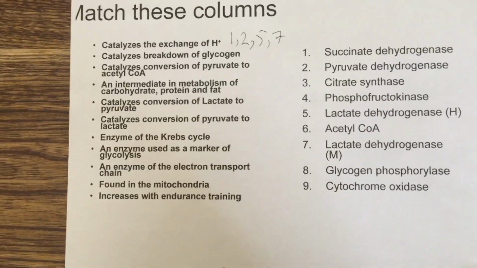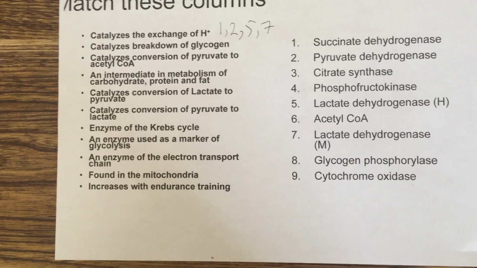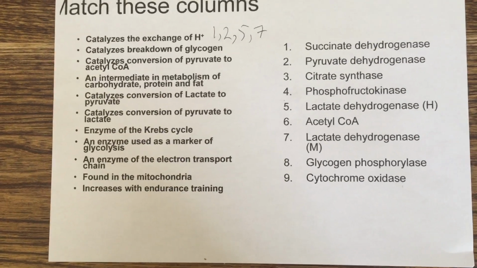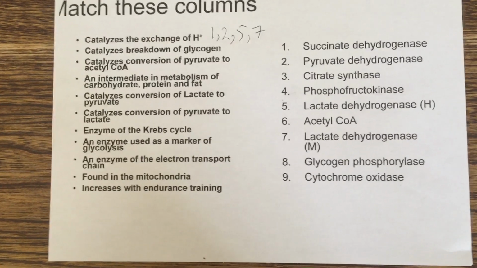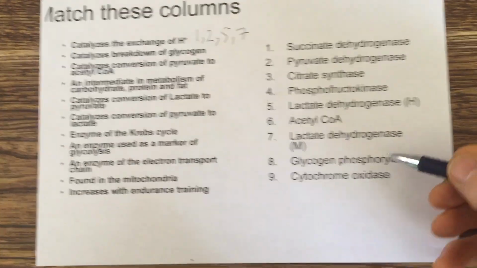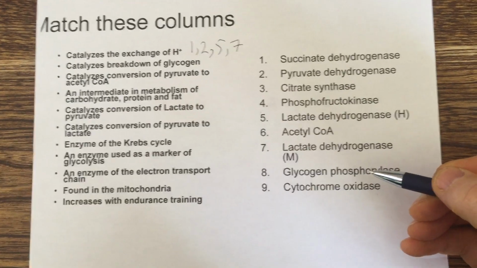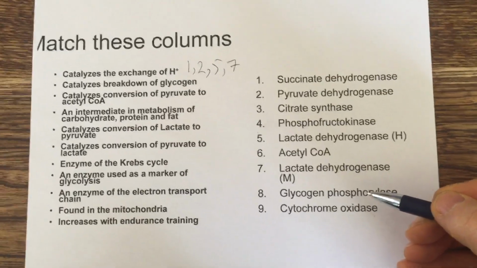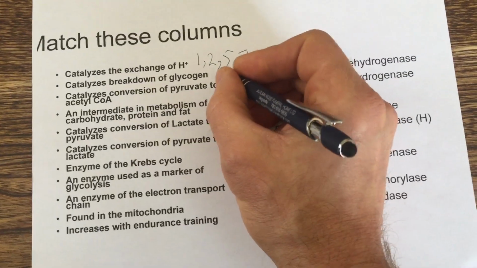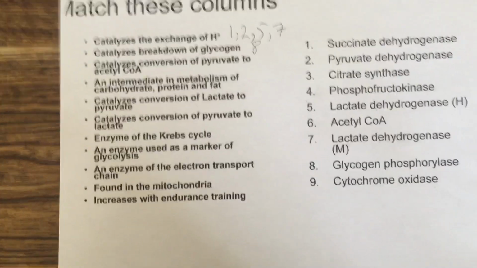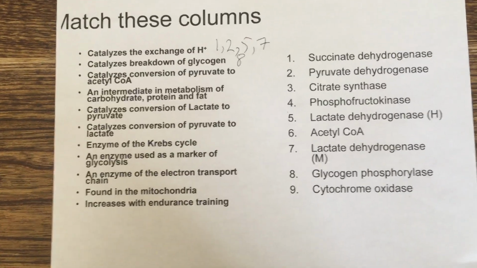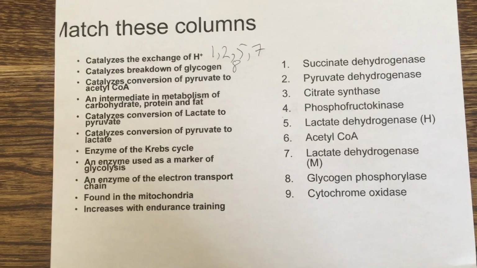Okay, for the second one, catalyzes the breakdown of glycogen. Recall that at the start of glycogenolysis, you have this glycogen phosphorylase. You can just tell by the name of the enzyme what it does. Glycogen phosphorylase essentially breaks down your glycogen. Catalyzes conversion of pyruvate to acetyl-CoA.